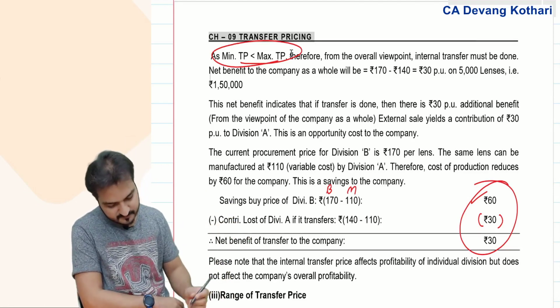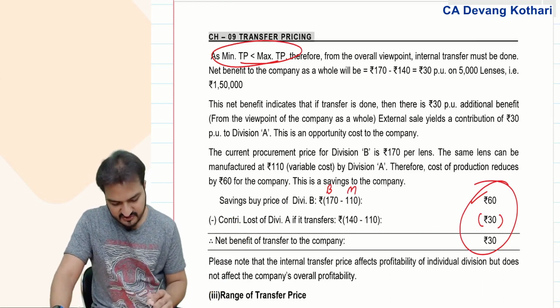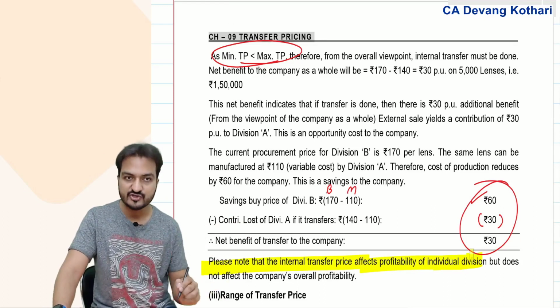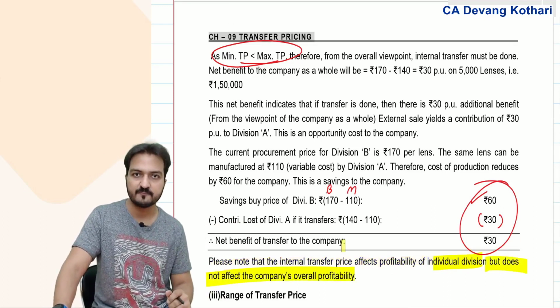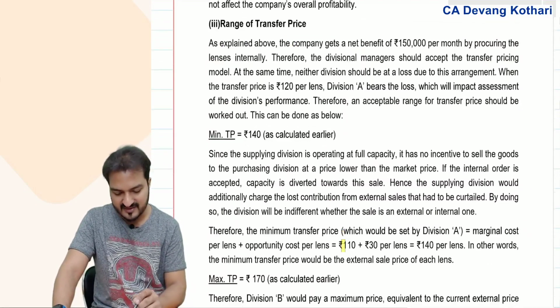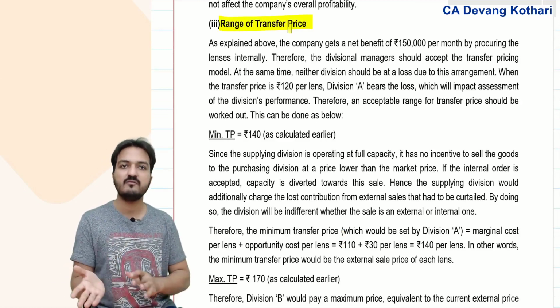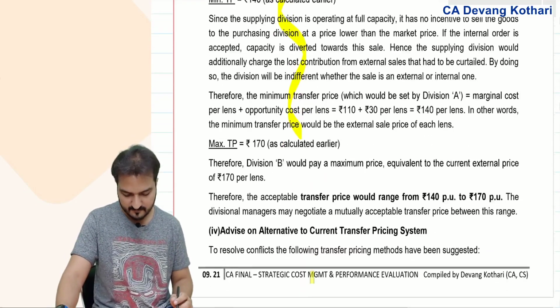Yes. Please note that the internal transfer price will affect profitability of individual divisions, but it does not affect the overall company's profitability. Done? Yes. Third, they were asking you that what should be the transfer price. Well, you say that the transfer price should be in the range between minimum TP to maximum TP. That explanation is given over here.